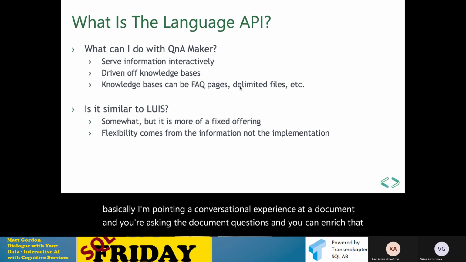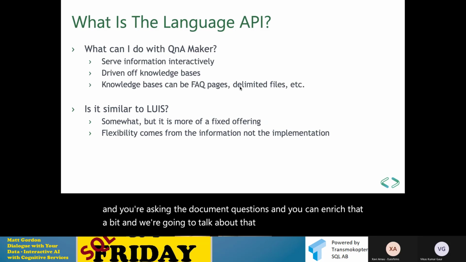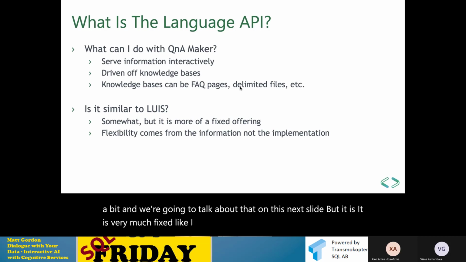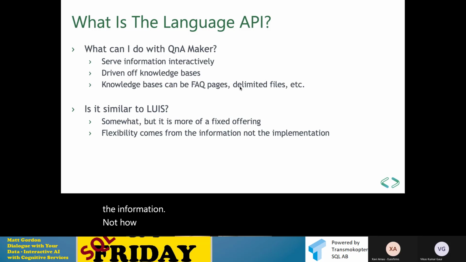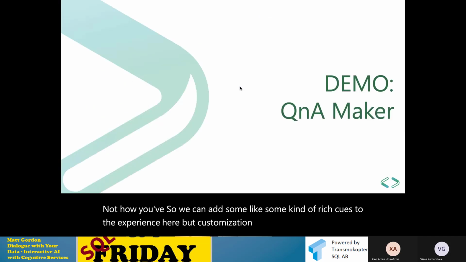We're going to talk about that on this next slide, but it is very much fixed. Like, I want to ask this Word document questions is basically what you're doing here. So the flexibility comes from the information, not how you've set it up. So we can add some kind of rich cues to the experience here, but customization is pretty limited.